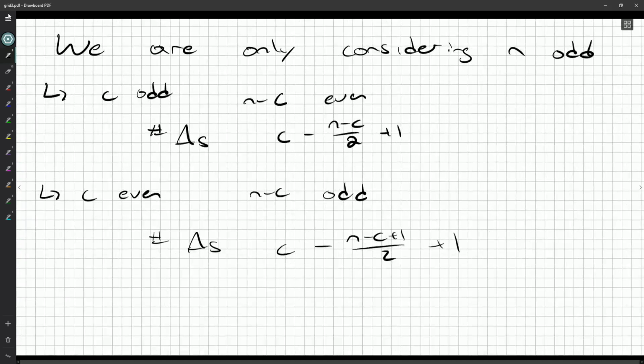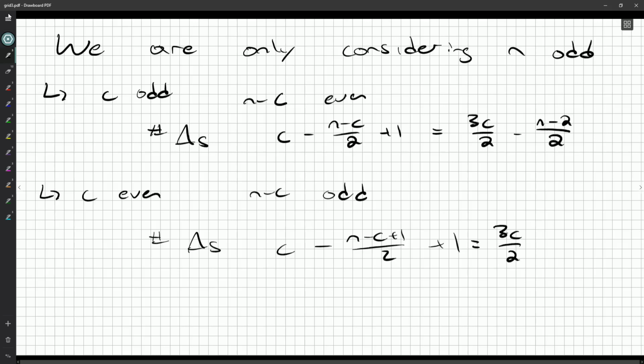Now, we can rearrange a little bit of this. So we get 3c over 2 here, minus n over 2 plus 1, and we can bring the over 2 in as n minus 2 over 2. And here again, the minus turns it into 3c over 2 minus n plus 1 over 2.